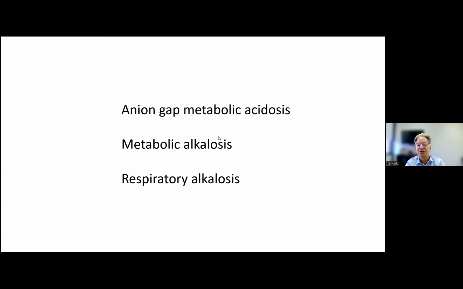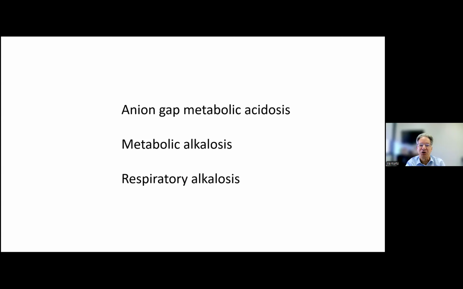So this is an interesting case where you can diagnose the anion gap metabolic acidosis, but you have to do the delta equation, add the change in anion gap to the change in bicarbonate to look at what the bicarb would have been in the absence of the anion gap metabolic acidosis. And that's how we can diagnose the metabolic alkalosis. But you still have to then look at what the delta PCO2 is for the delta bicarb in your patient.